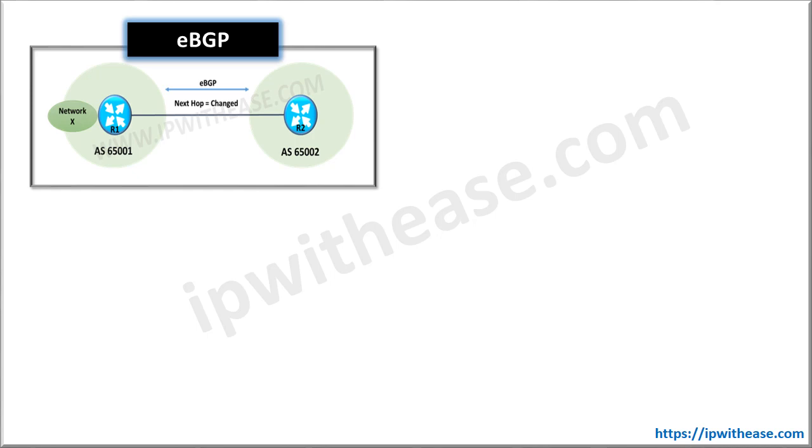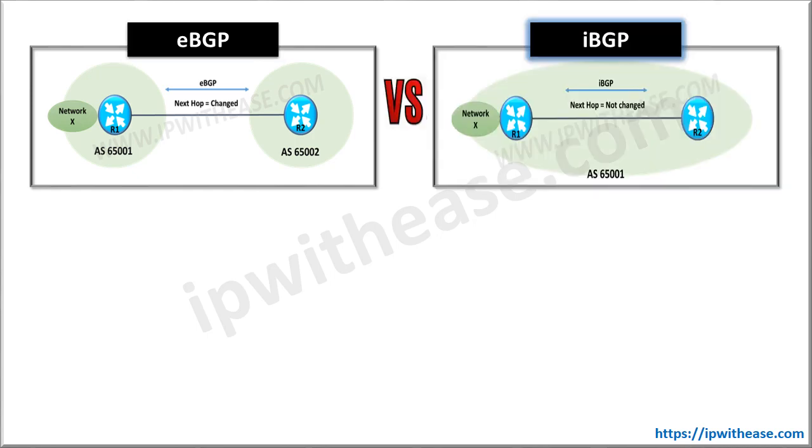When R1 advertises network X to R2, then the next hop in that route is changed to the WAN IP of R1 in case of eBGP. However, in the second diagram, whenever network X is advertised by R1 to its IBGP neighbor, the next hop is not changed and it remains the same.